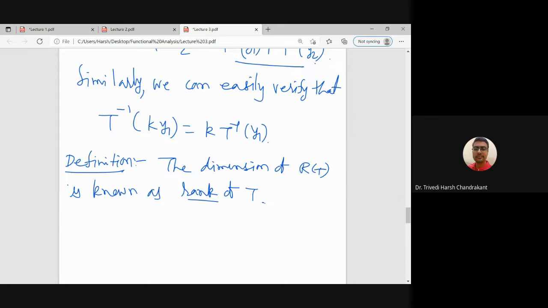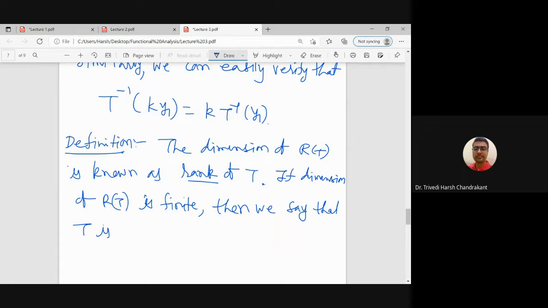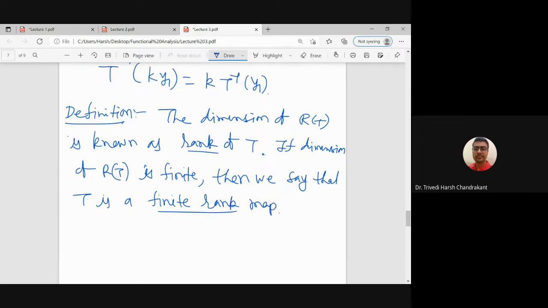If the rank is finite, it is called a finite rank operator. Such maps are called finite rank maps.